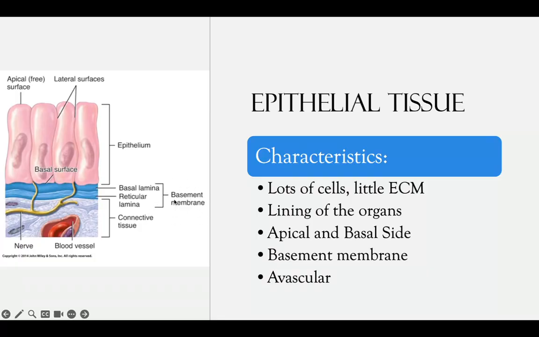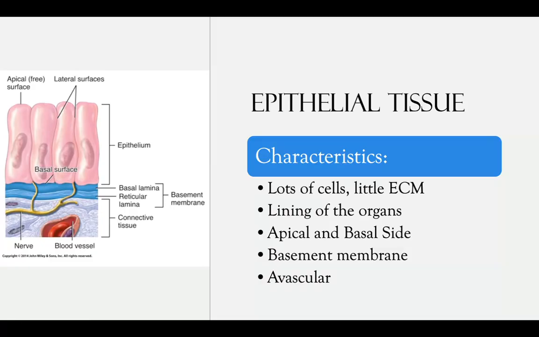It's just like the basement of a house, it anchors it to the ground. So the basement membrane is going to be connected to the basal surface of epithelial tissue superiorly, and then inferiorly, we'll see connective tissue underlying the basement membrane. Connective tissue is always going to be found deep to epithelial tissue.